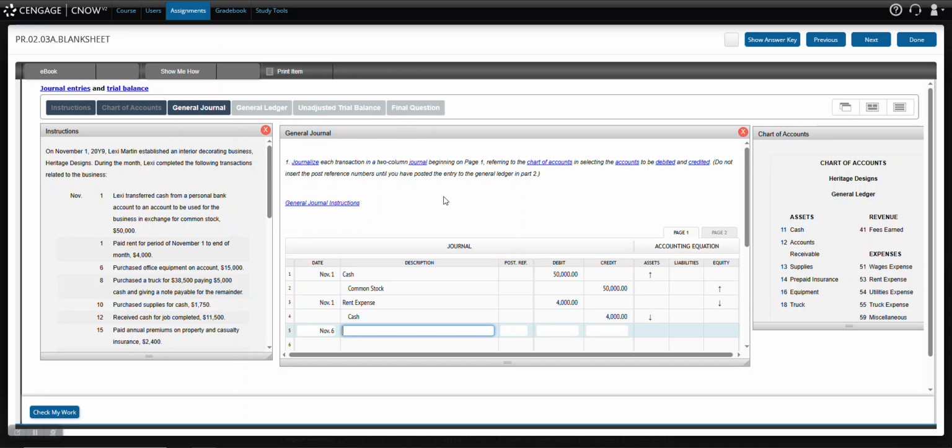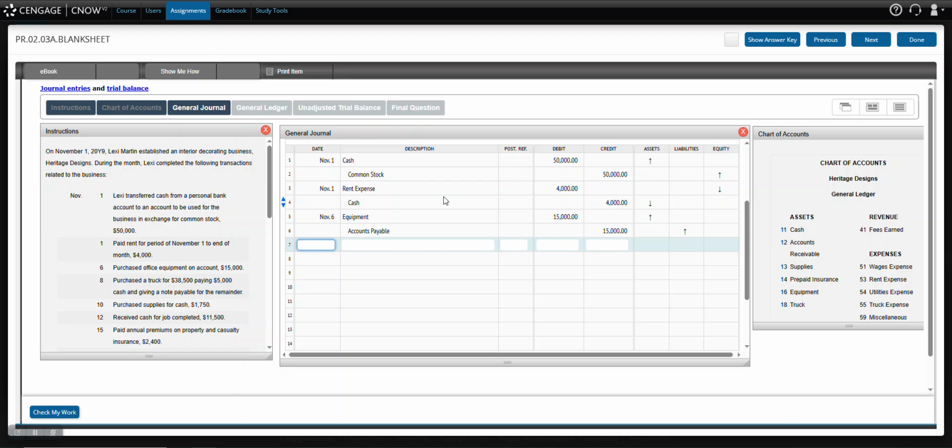So equipment is an asset to us. So again, if you look over at your chart of accounts in your asset column, we have an equipment account, and I in total am buying $15,000 in equipment, but I haven't paid for it yet. So my asset account, we know, increases with a debit. So my equipment is going up, that asset account is going up, and my liability account increases with a credit.